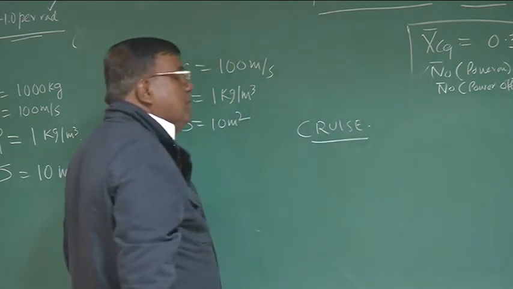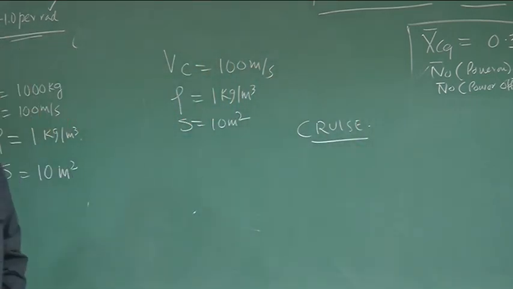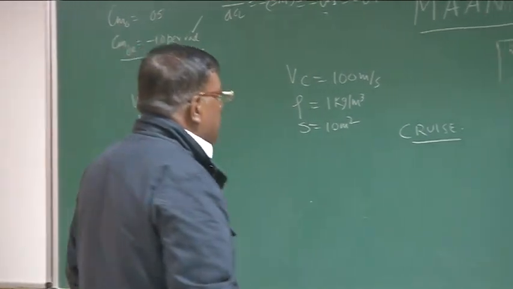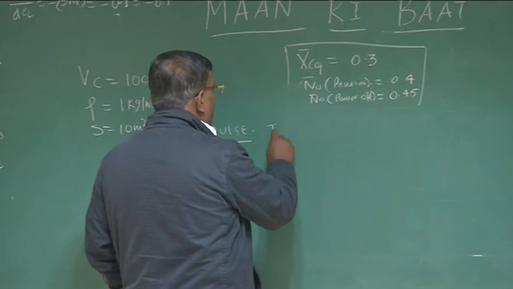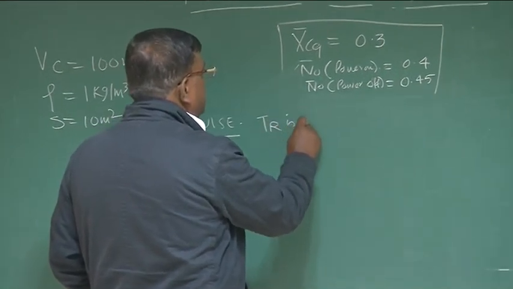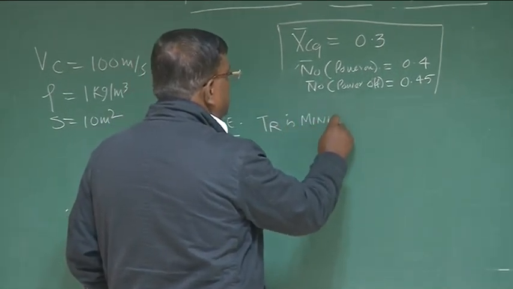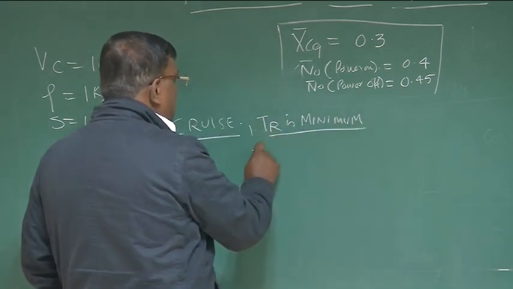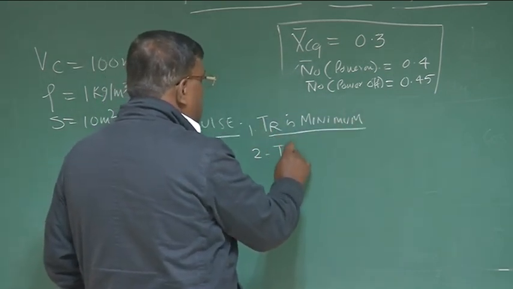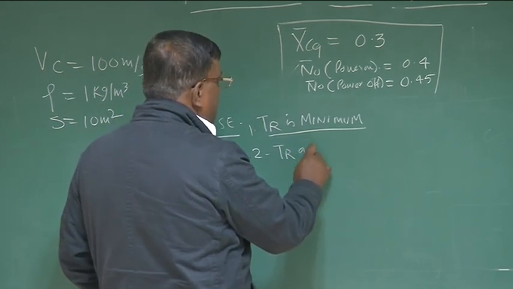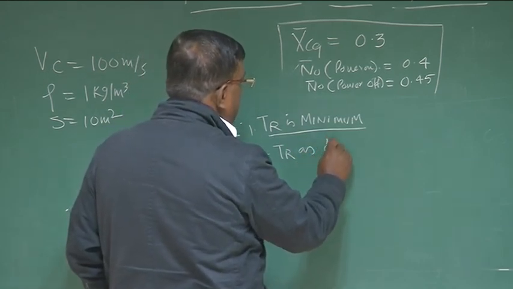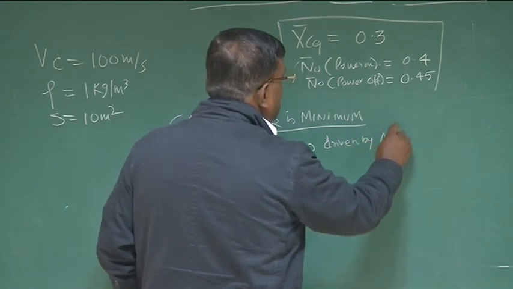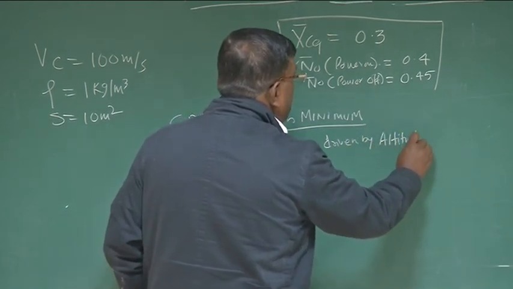So when I am talking about cruise, I can ask a question. I want to cruise such that thrust required is minimum. One, and I can also question thrust required as driven by altitude. I'll explain both, we'll solve both problems.